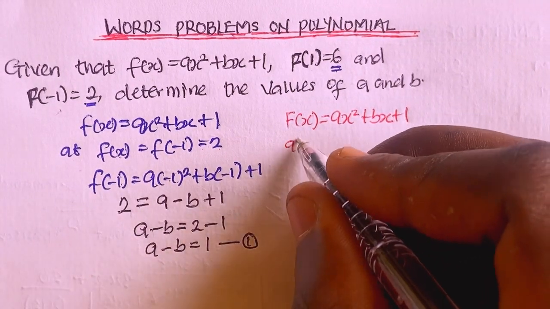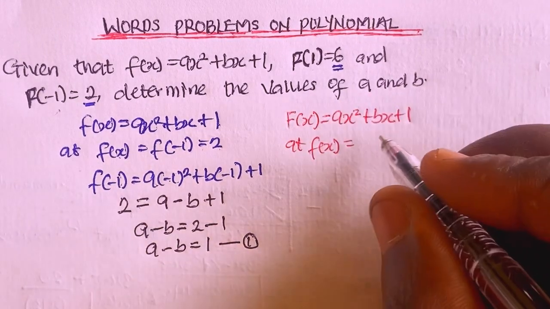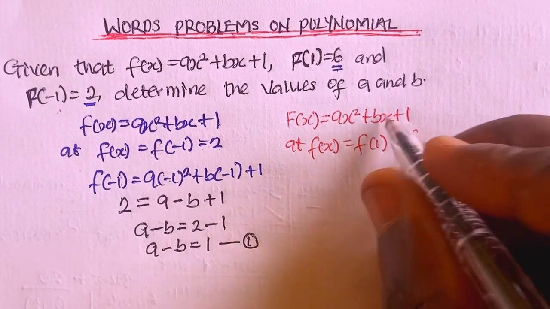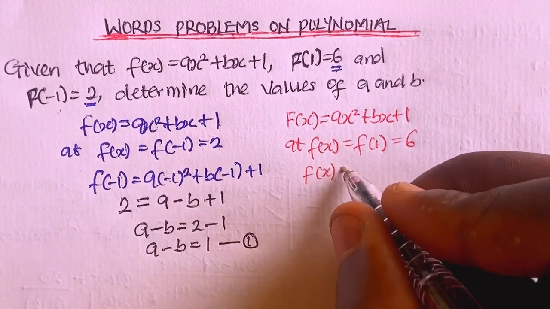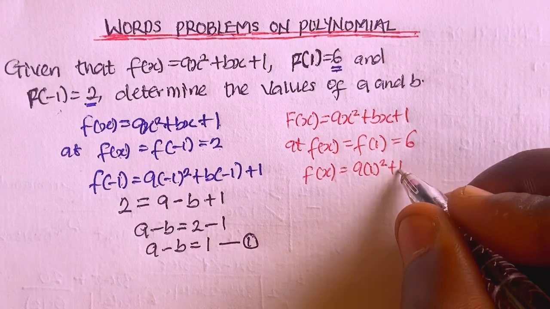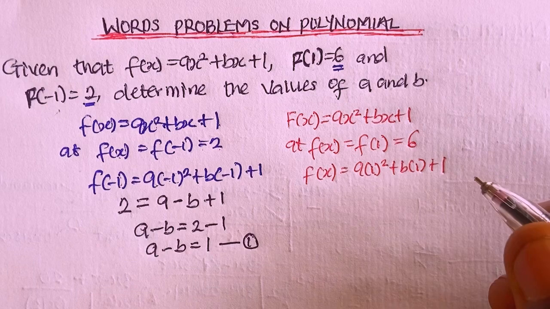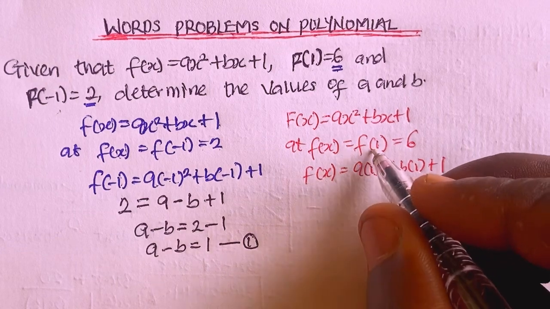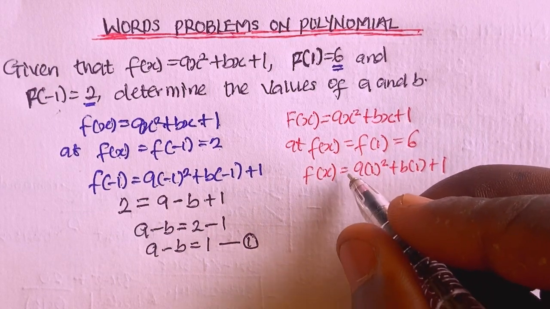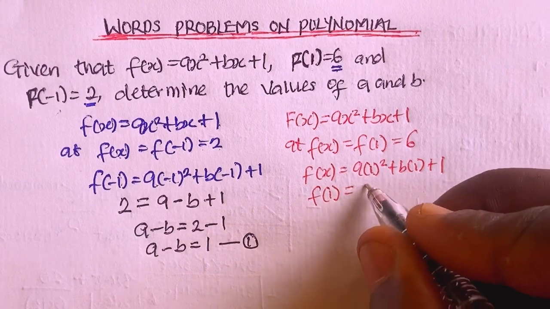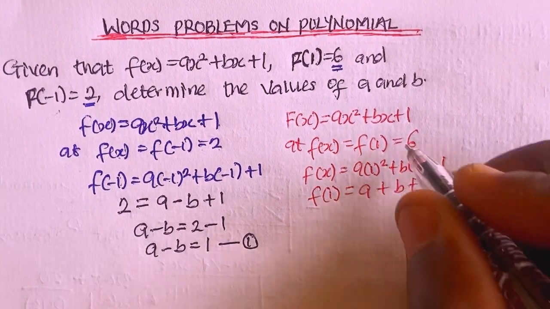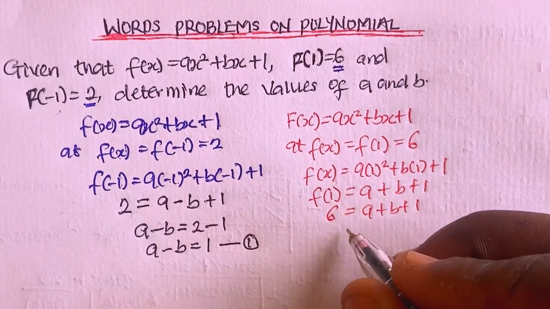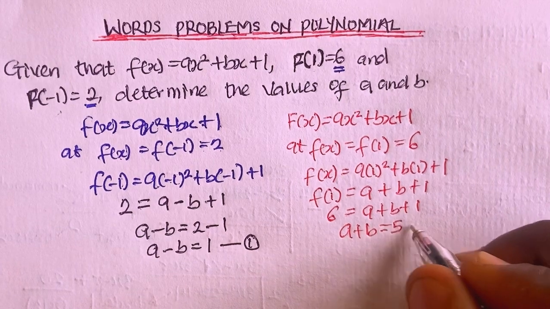Then f of 1 is equal to 6, so I'm going to plug in 1 here. f of x is equal to a into bracket 1 squared plus b into bracket 1 plus 1. Let me simplify first. f of 1 is a plus b plus 1, and f of 1 is equal to 6, so 6 equals a plus b plus 1. Bringing this over, a plus b is equal to 5. Call this equation 2.